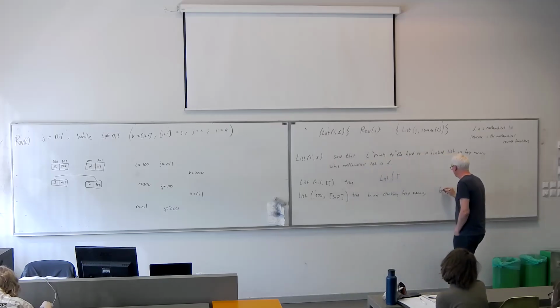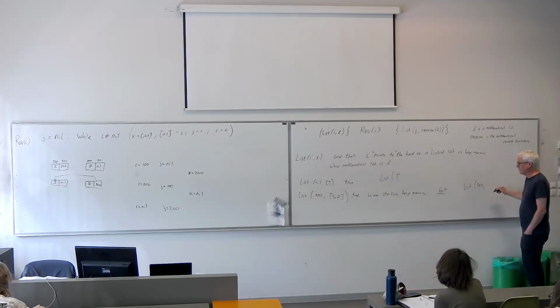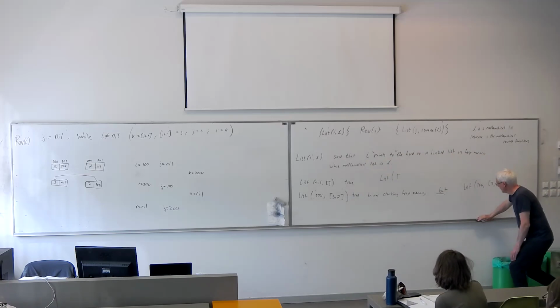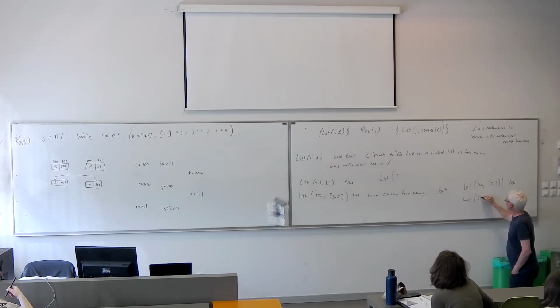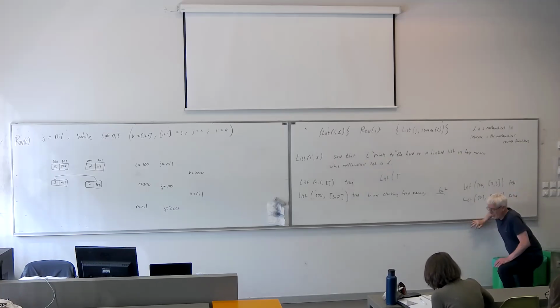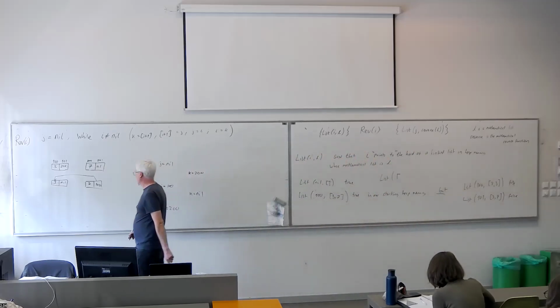But list of the same starting point of 7, 3 would be false, and also list of 101 in 3, 7 would also be false, because 101 is not the pointer to the start of the list.